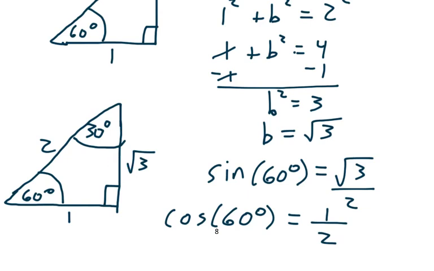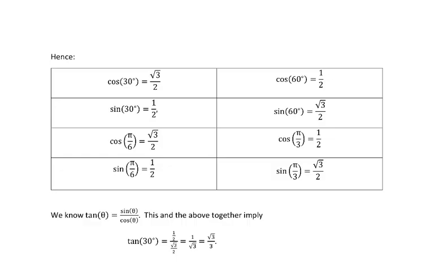Sine of 30 degrees is opposite over hypotenuse, because now it's relative to 30 degrees, so it's 1 over 2. And then cosine of 30 degrees would be radical 3 over 2. In fact, we have the values here. Remember, just like I said before, once you know cosine and sine, you can obtain all the trig functions at that angle. Same thing with 60 degrees. Well, for any angle, actually.